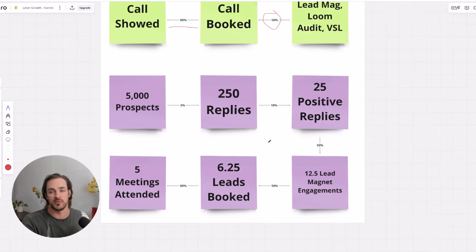These are the numbers and how it should look for you. Your results are going to vary, depending on campaign by campaign, vertical by vertical, offer by offer. But again, this is really the framework and our guardrails to see, hey, are we on the right track? And we'll look at each step in this process to get better results. So now let's talk about exactly what to do to actually fix that.